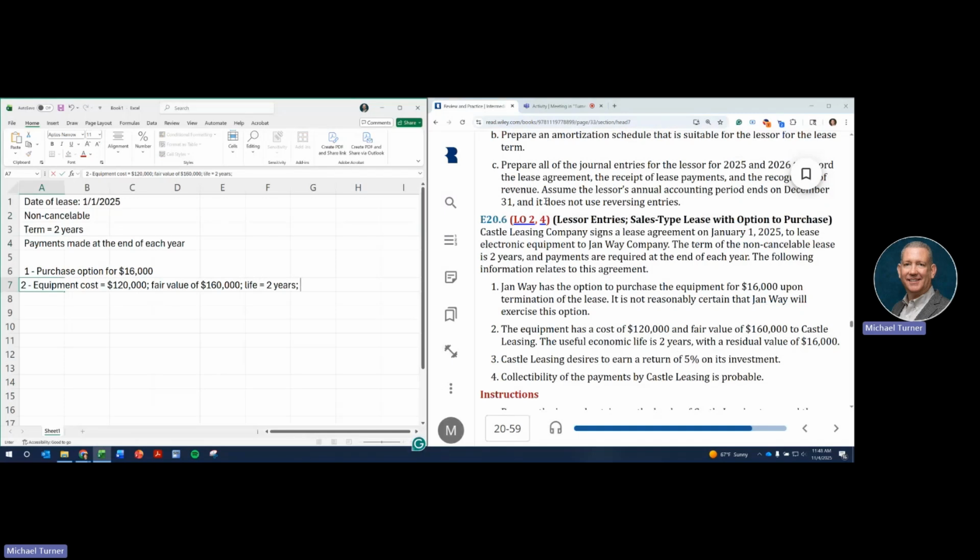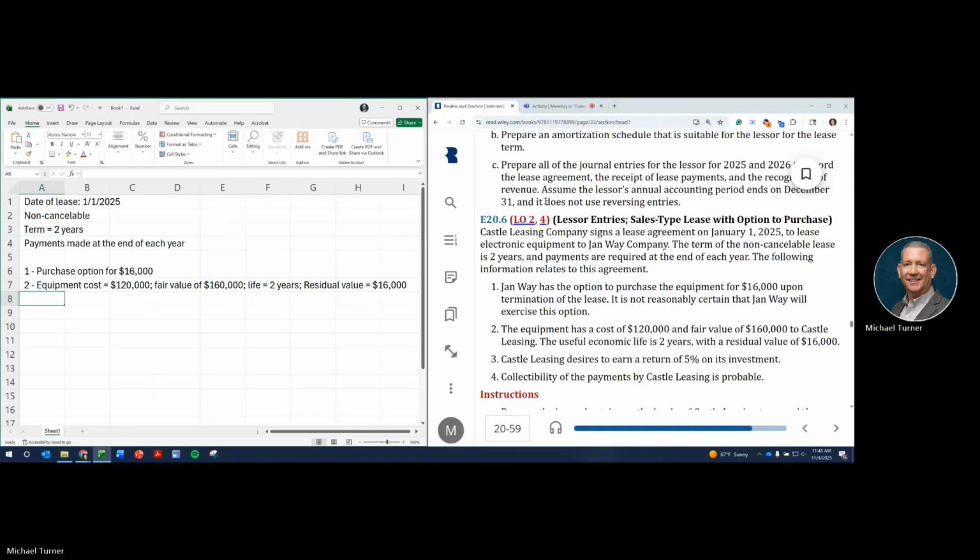And the residual value is $16,000, which coincidentally matches the purchase option. So therefore, we can eliminate this being a bargain because the value of the equipment at the end of the 2 years is expected to be $16,000, and they can buy it for $16,000. That's not necessarily a bargain.